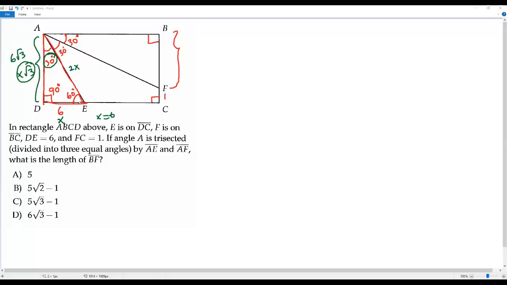In any rectangle, the lengths of the opposite sides are equal. So whatever length we have for AD, the same length we'll have for BC. Already we got the length of AD, which is 6 times square root of 3. Then the length of BC also must be 6 times square root of 3, because opposite sides are equal in length in any rectangle. So here we have BC equals 6 times square root of 3. But my aim is to get the length of BF.